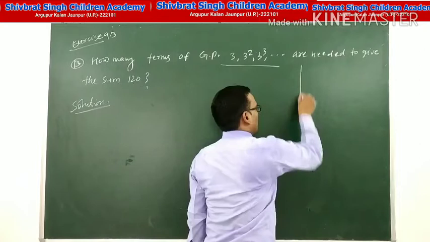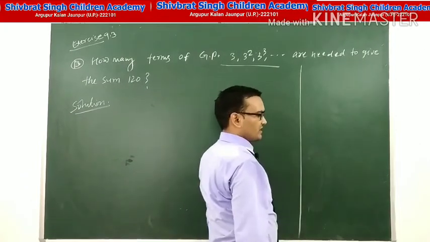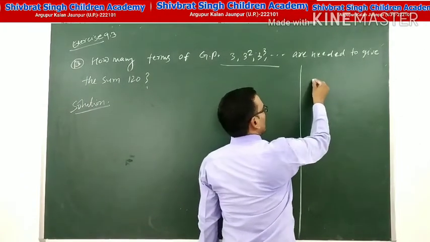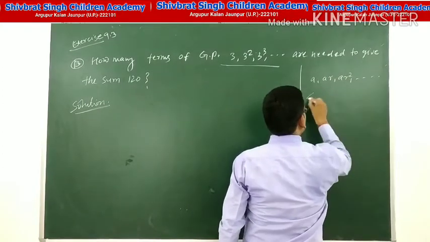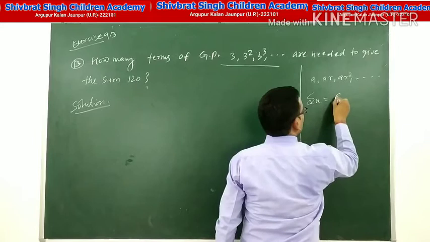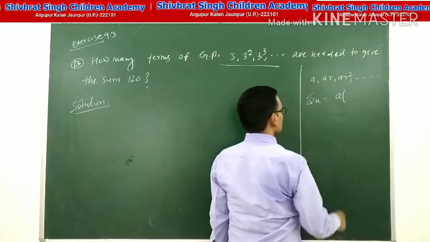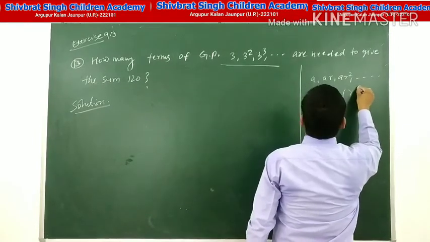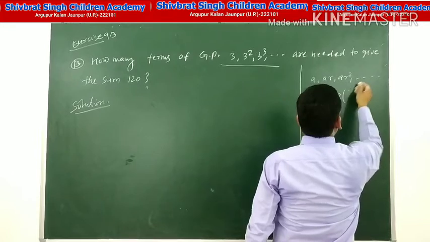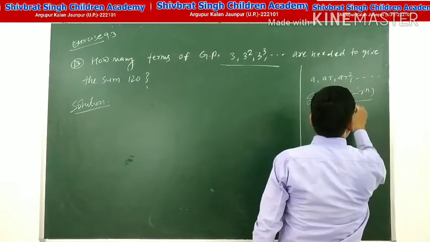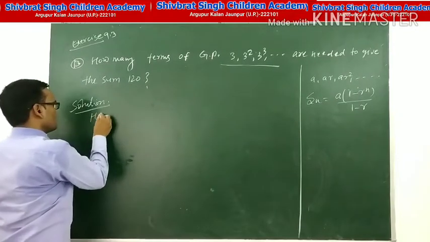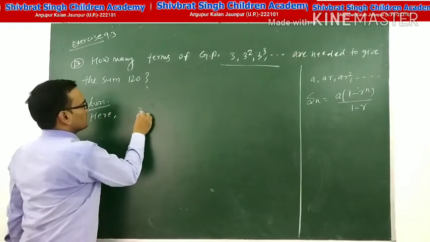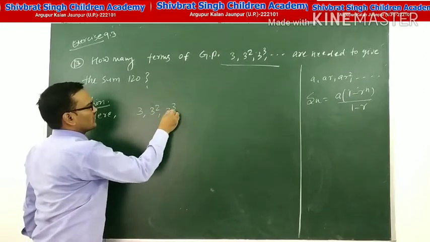Using the formula of the sum of the first n terms of the GP a, ar, ar square, and so on. Using the formula Sn equal to a into 1 minus r to the power n upon 1 minus r. Here the GP is 3, 3 square, 3 cube, and so on.